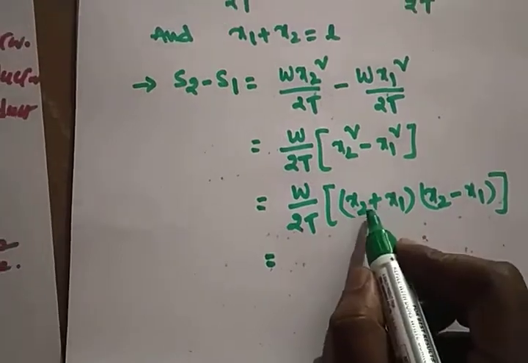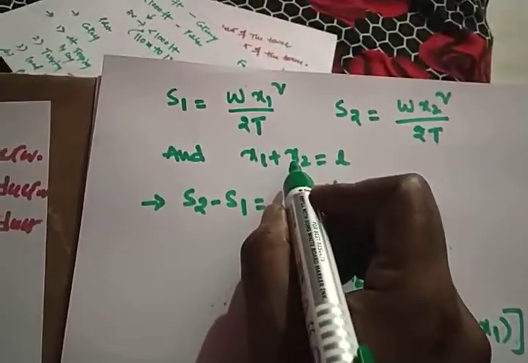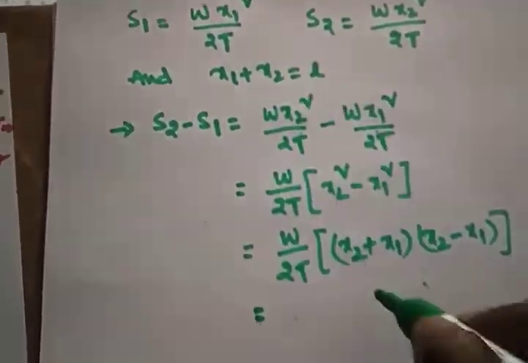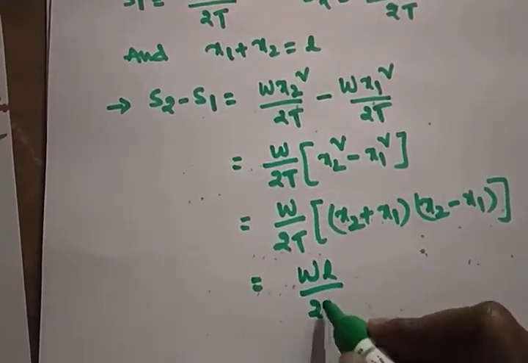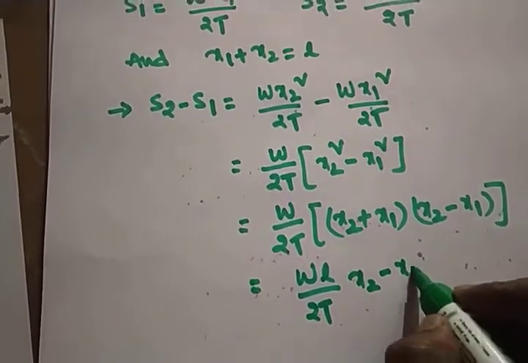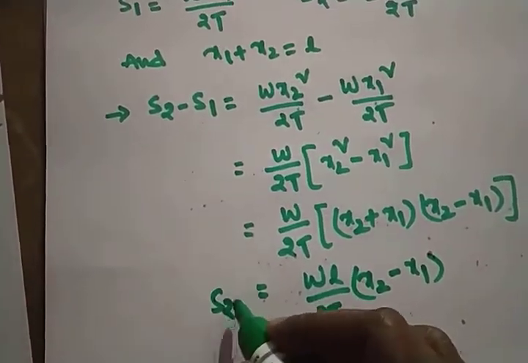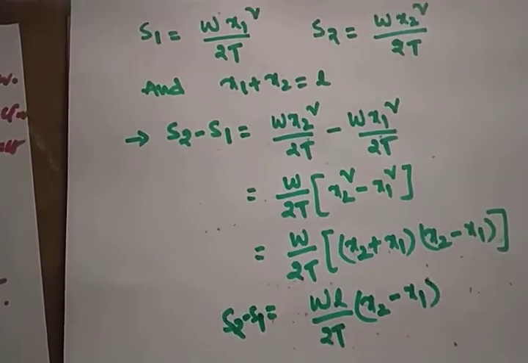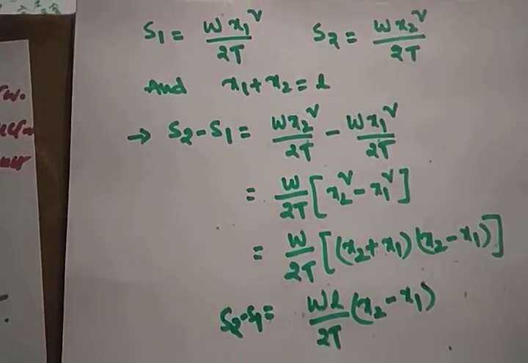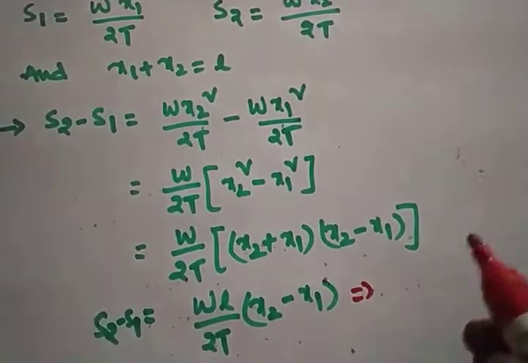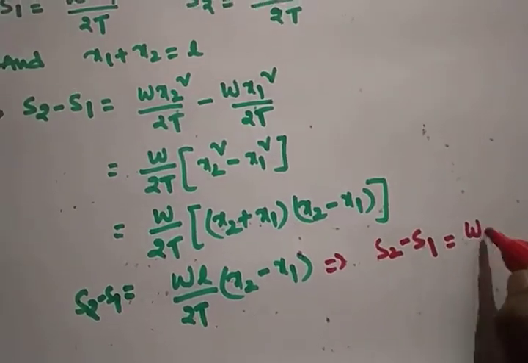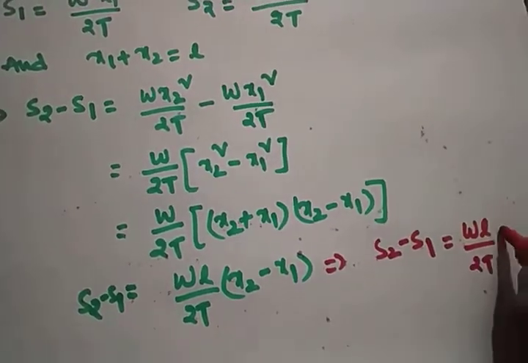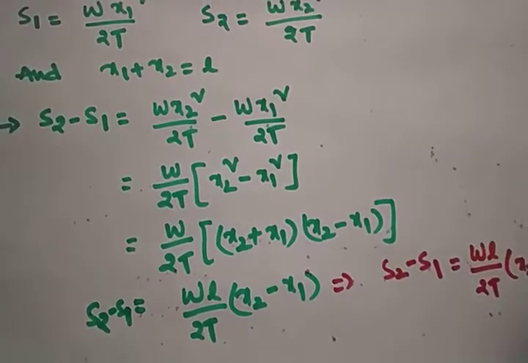From that, x2 plus x1 is nothing but L. So W L by 2T into x2 minus x1 is equal to S2 minus S1. Right?